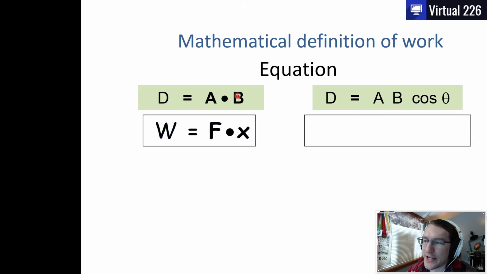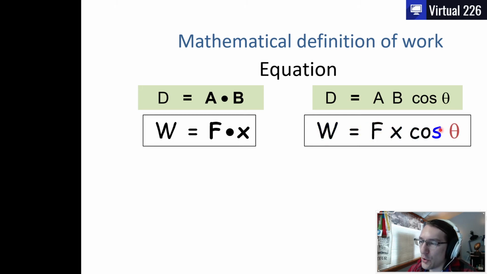And our two vectors, A dot B, are going to be F dot X. We can expand this so that it reads work equals Fx cosine theta. In this case, the dot went away and it became the F cosine theta term here. So F dot X equals Fx cosine theta. Okay, that is what is going on there. And we'll see just why that cosine magically appears all of a sudden in a second.